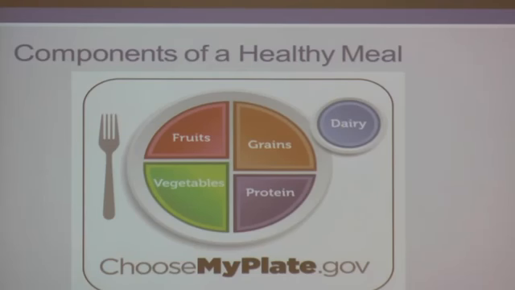So for most Americans, that means eating more fruits and vegetables and less grains and less protein. We tend to feature our protein or meat, but this model indicates that those fruits and vegetables are really the more featured food.